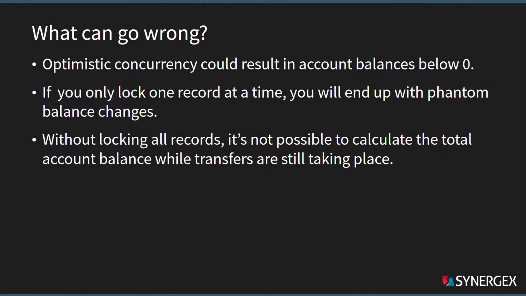One thing that is especially odd, and this does deal with those phantom balance changes, is if I go to calculate at any given time, while transfers are ongoing, what the total balance is for the system, I cannot do it without locking the entire world.